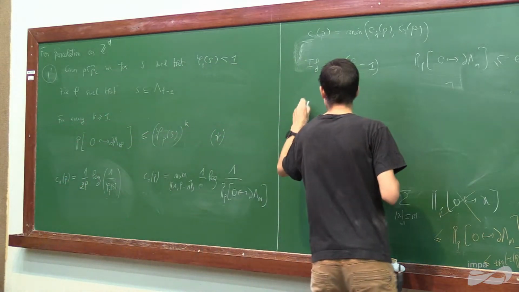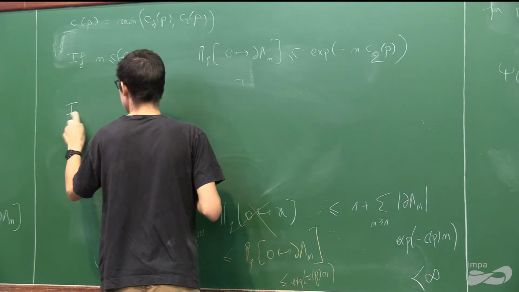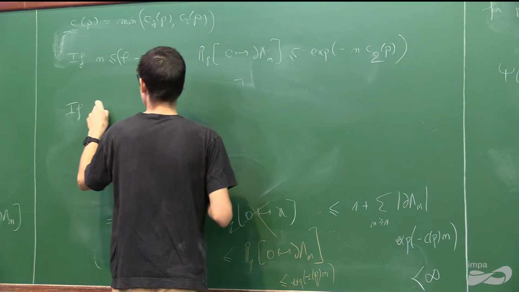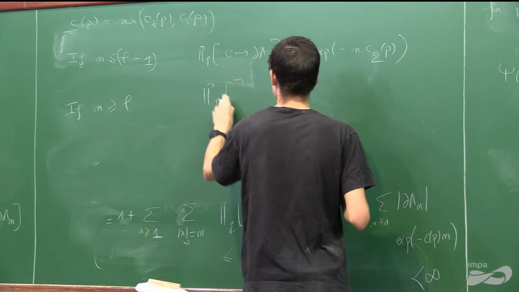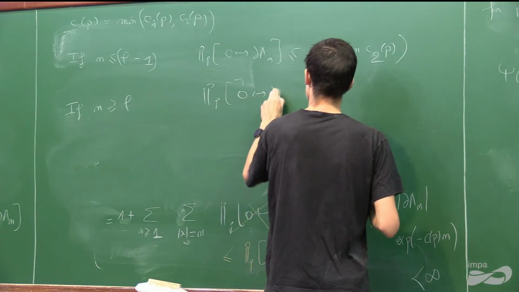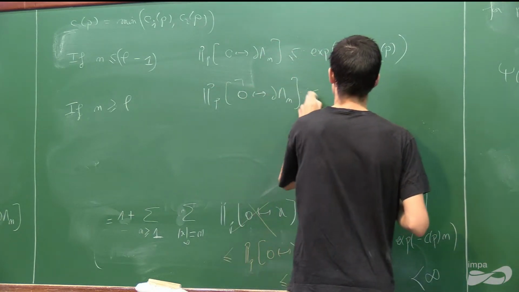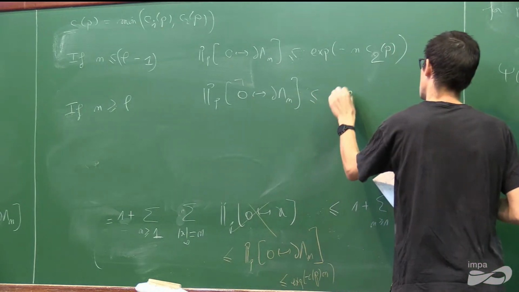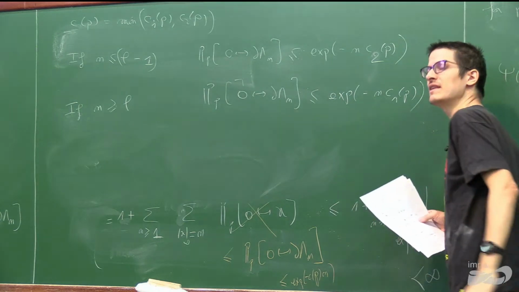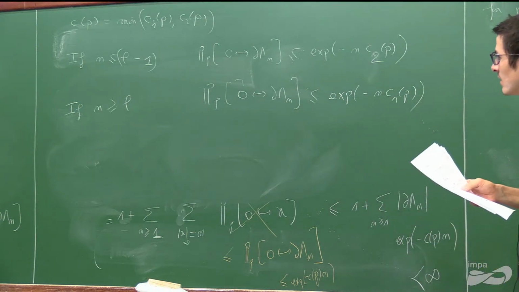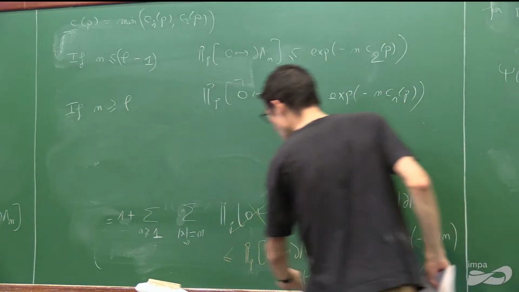Now, if n is larger than L, what we have is that the probability from 0 to Lambda_n is smaller than exponential of minus n C1 of p. Why is this true?